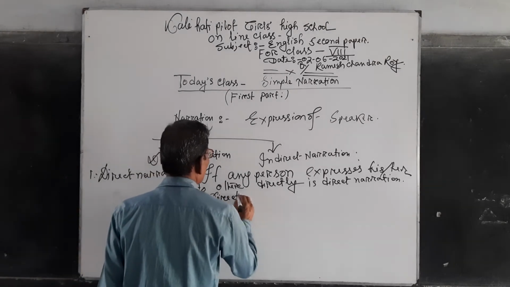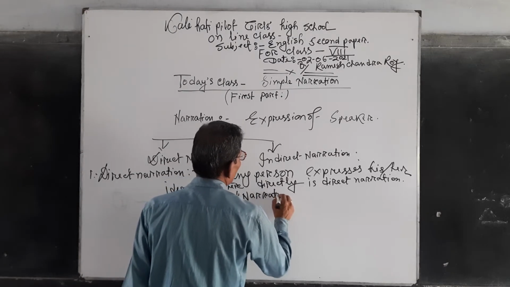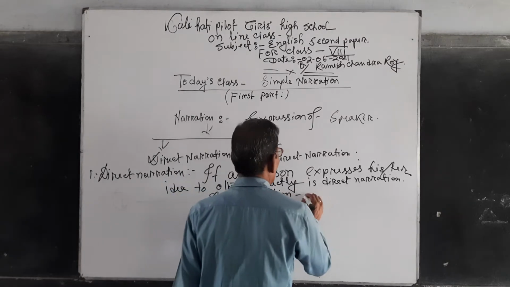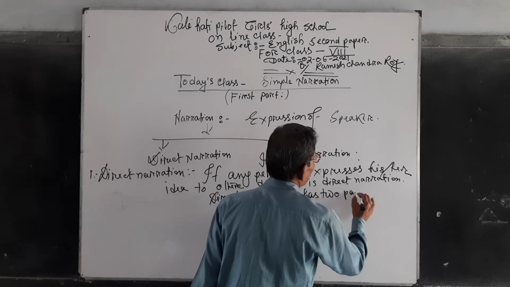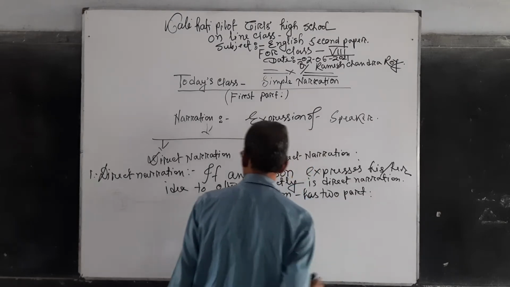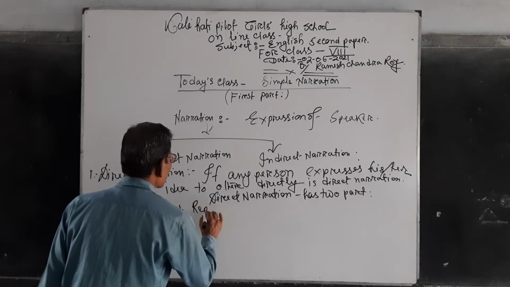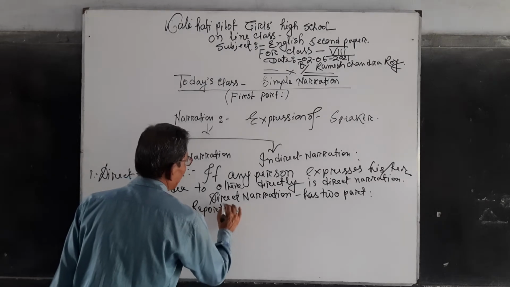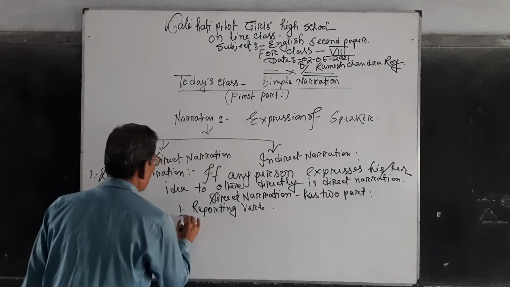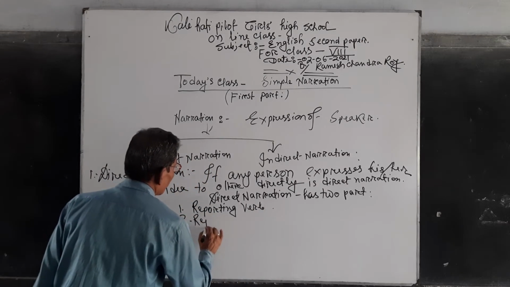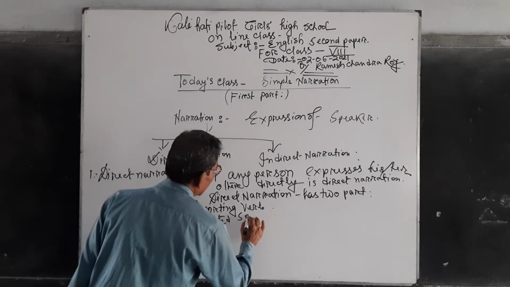Direct narration has two parts. Number one, reporting verb, and number two, reported speech.